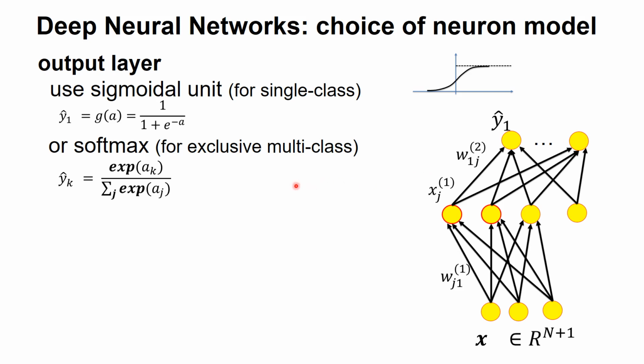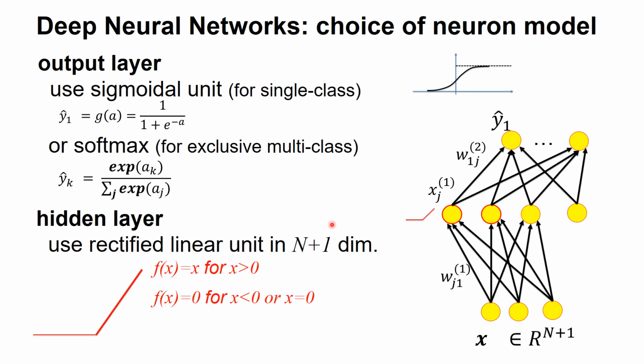Now, so far for the output, but then we can also look at recommendations for the hidden units, and in the hidden units a standard choice is to use rectified linear units, which are 0 up to a threshold and then increase linearly.